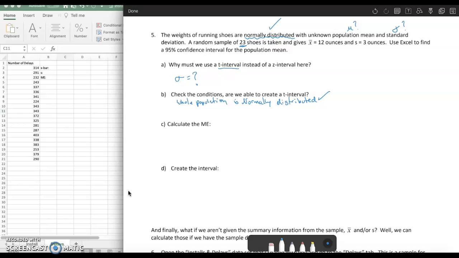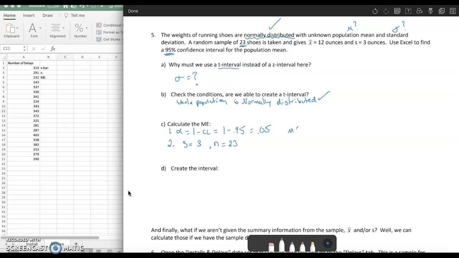Okay, let's calculate the margin of error. That works the same way every time. You take the fact that alpha equals 1 minus the confidence level, 1 minus, in this case, 0.95, or 0.05. In this case, we don't have sigma, but we have s being 3 ounces, and we have an n value of 23.